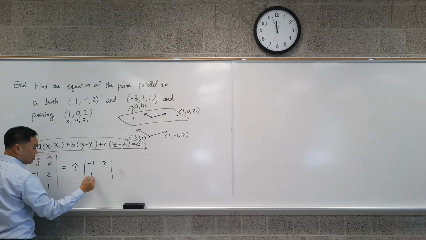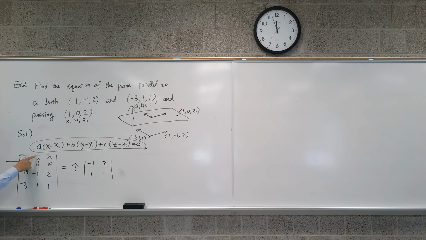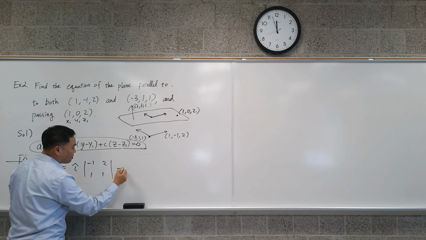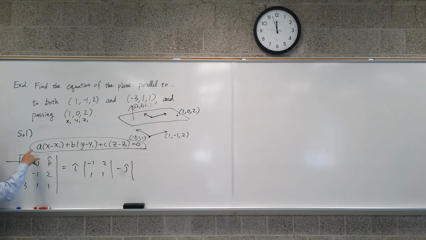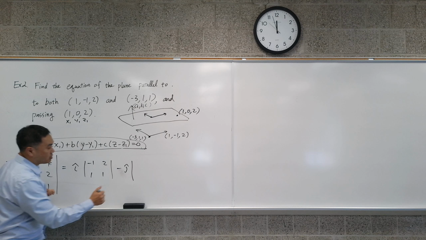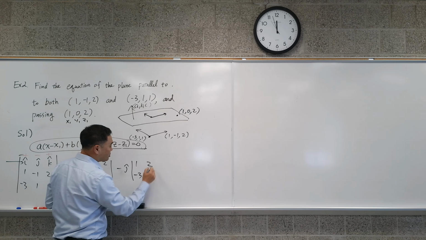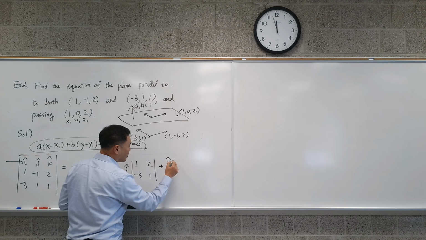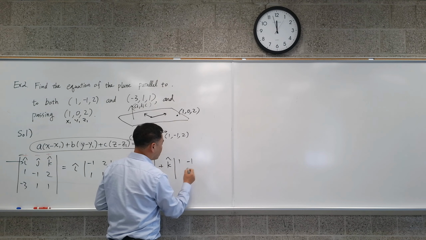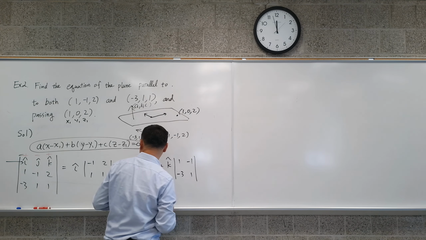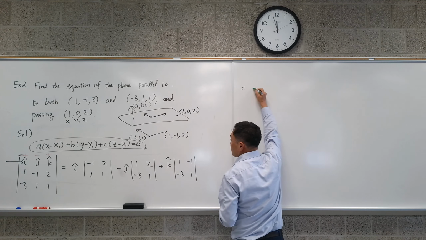And then applying the checkerboard of signs, it's minus J. And then deleting the row and the column, the minor matrix is 1, 2, -3, and 1. Plus K. And then deleting the row and the column is 1, -1, -3, 1. Which is going to be equal to I.